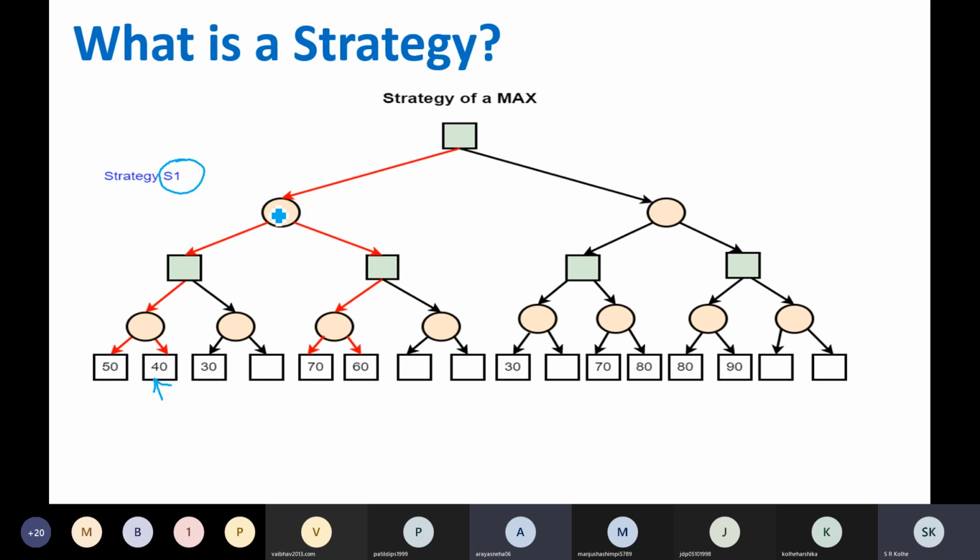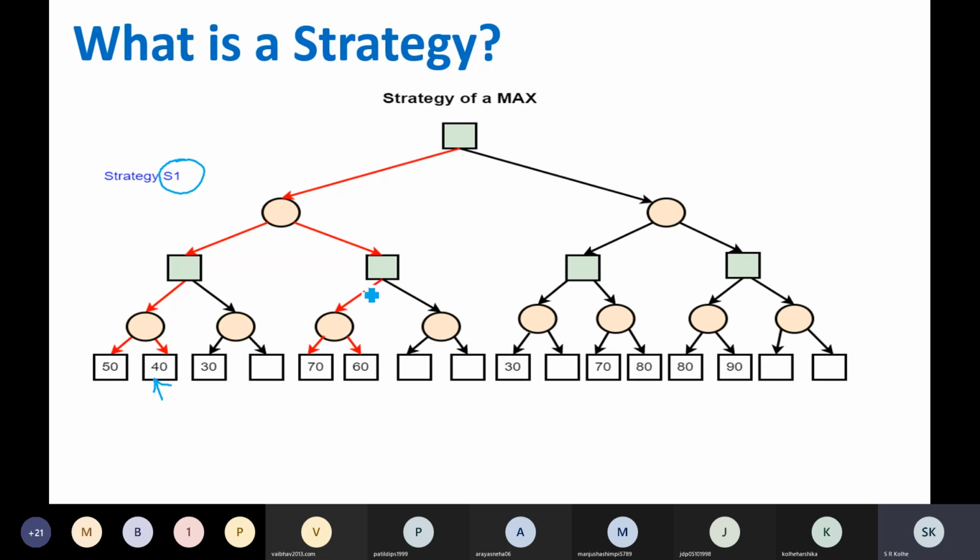If max has made this move, min can select this particular node also. If min selects this node, in that case, max will select one of these depending upon utility value. So if the utility value is max, then it will select the node having the max value. For example, this node is selected, so we can find that this node will have a better value as compared to this node. That's why max has selected this.